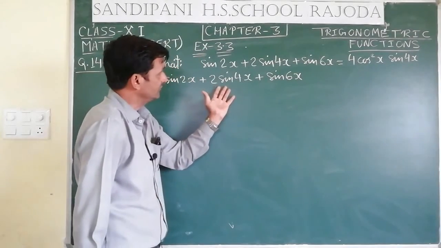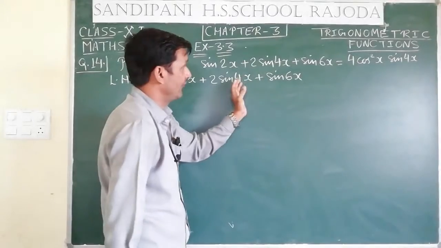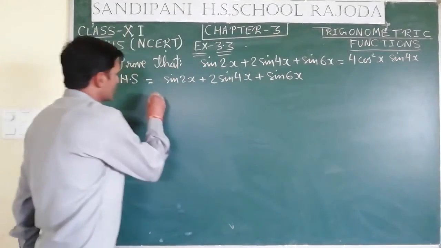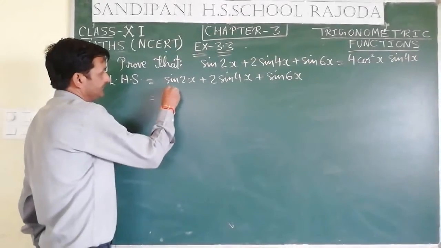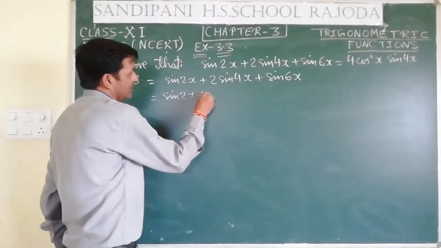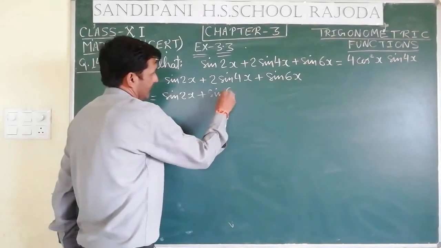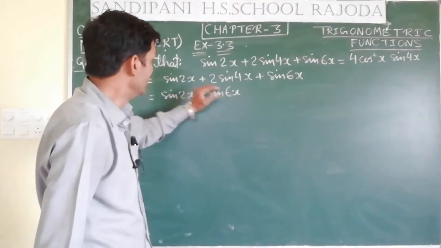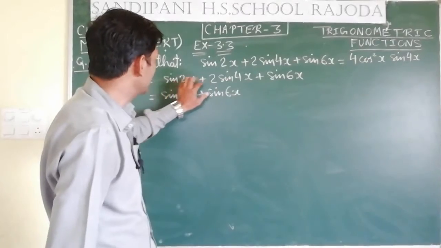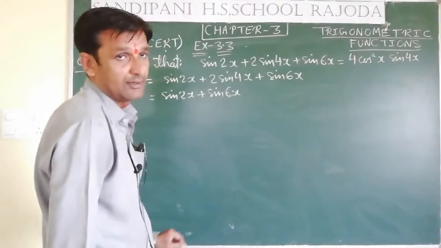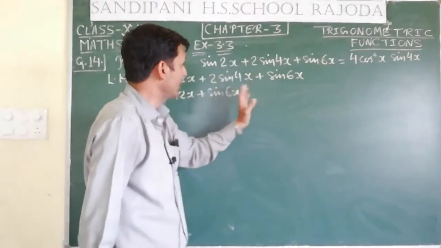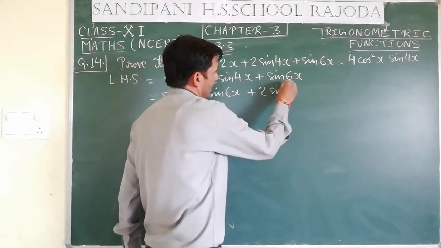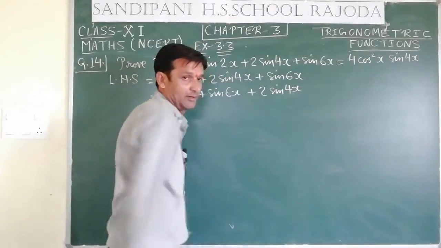This we will have to write afterwards, after these two terms. So now sin 2x plus sin 6x. Why is it so? Because sin c plus sin d formula we are having. We are not having any formula for sin c plus 2 sin d. So that's why this 2 sin 4x we are writing afterwards, 2 sin 4x.